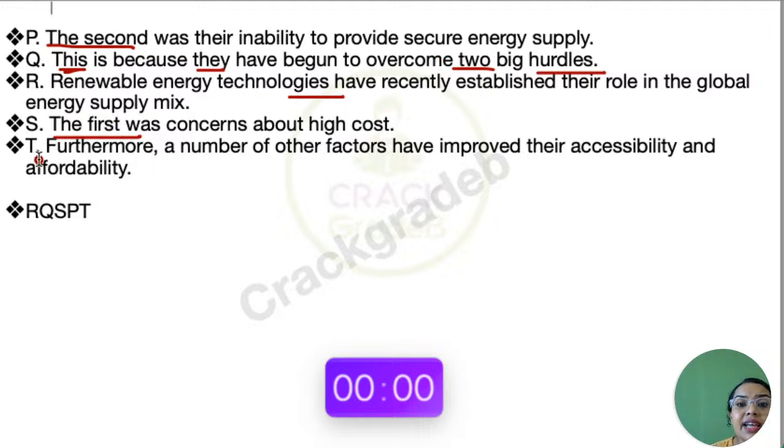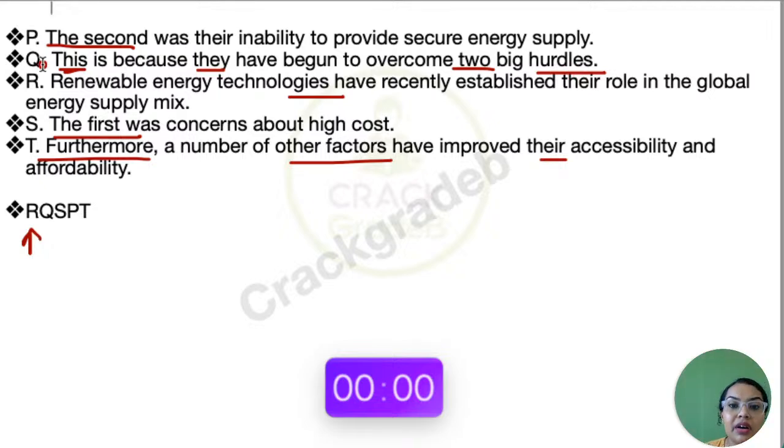But T is there that says furthermore. That means I have mentioned something in the same tone, in the same context. I'm extending something, I'm adding more details to it. Okay. A number of other factors have improved their accessibility and affordability. So, of course, R is going to be the first one because no other sentence is independent. It is just one sentence here, R, that gives you introduction of something.